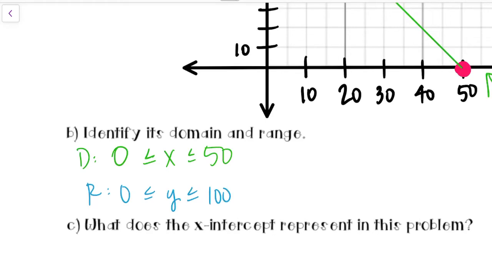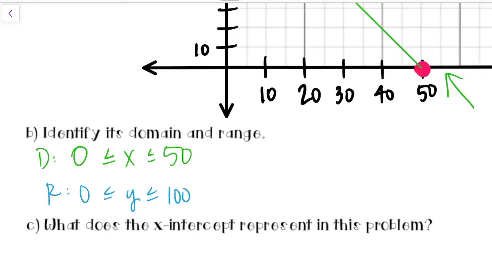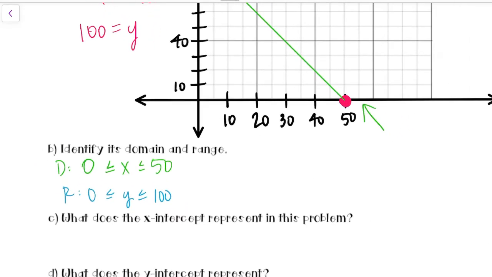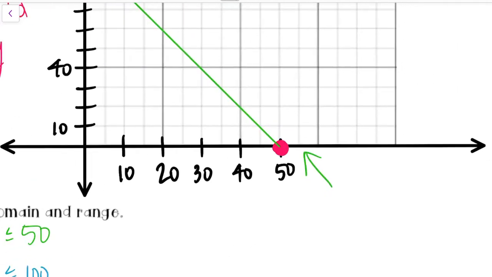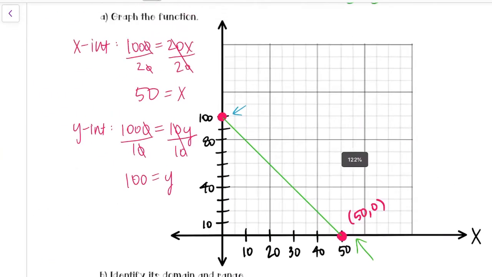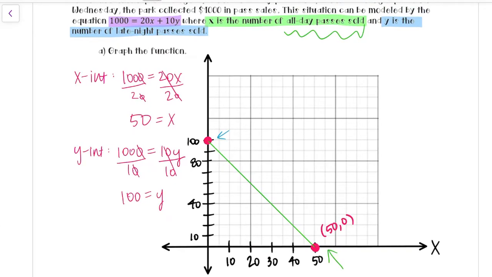And then what does our x-intercept represent in this problem? Well, remember that it's an ordered pair. So if we go back up to our graph, that ordered pair was 50, 0, right? X stood for number of all-day passes.